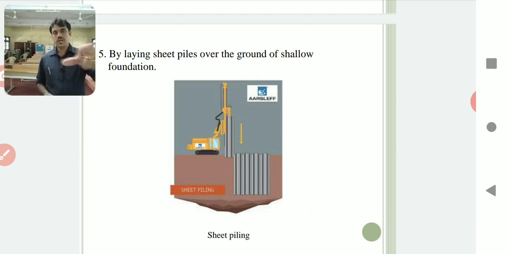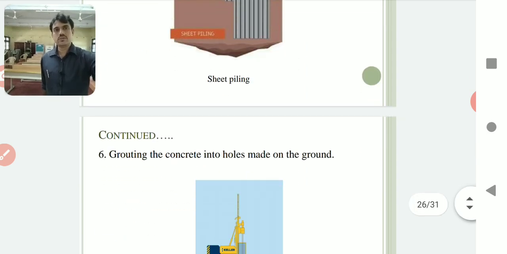There you can observe that by using a machine we are driving sheet piles. They are like sheets, like the sheets you put on your house, what we call GI sheets, in the same way. In this the thickness is slightly more. So we drive into the ground and we restrict the spreading process. So these are some of the important ones.